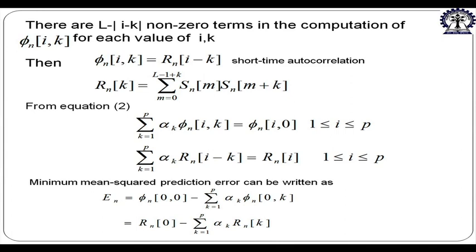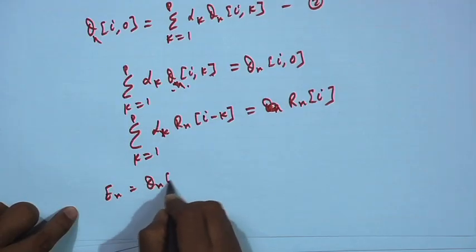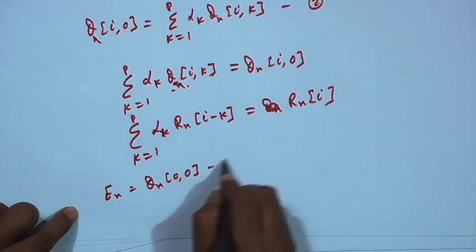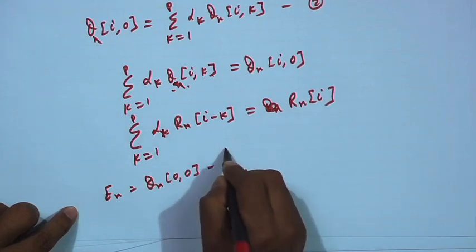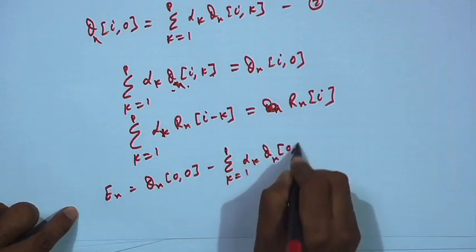Okay. Now, from the mean square error equation we have derived, the mean square error E_n is nothing but phi_n(0, 0) minus the sum over k equal to 1 to p of alpha_k phi_n(0, k).